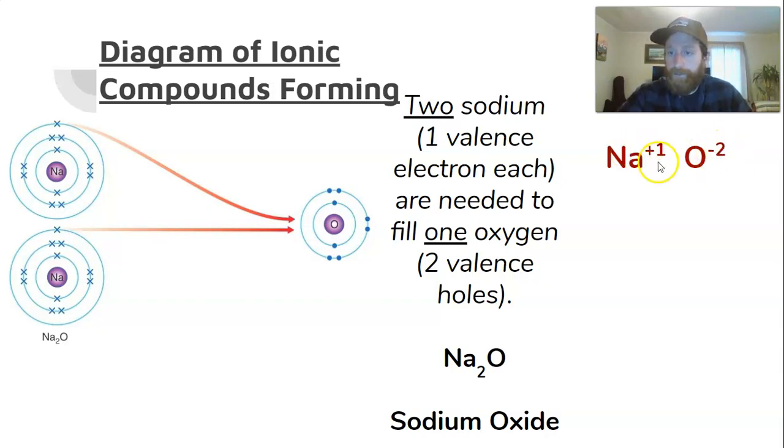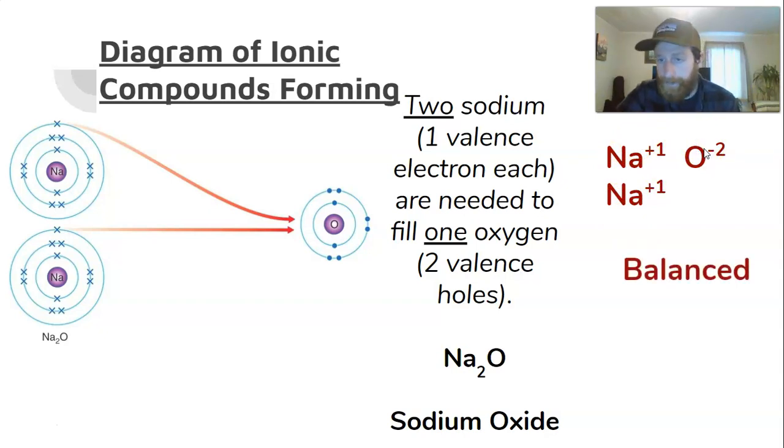It's got -2 versus +1, so I need to add more positive to try to counter that. So I add another sodium ion, and now my total positive charge, when I add up both of these +1s, is +2. And the +2 of 2 sodium ions is able to cancel out the -2 of 1 oxygen. So now it's balanced.